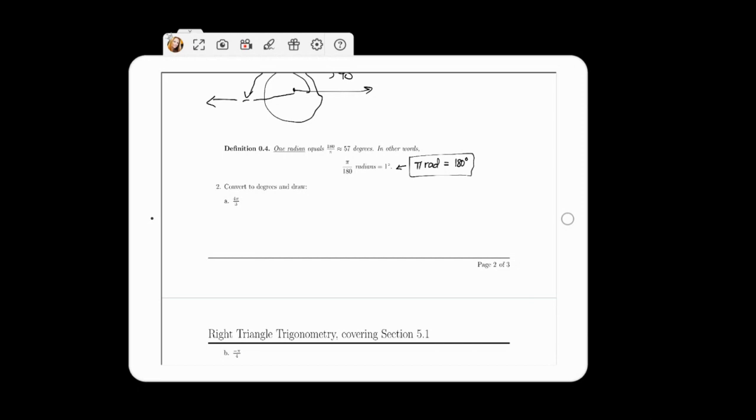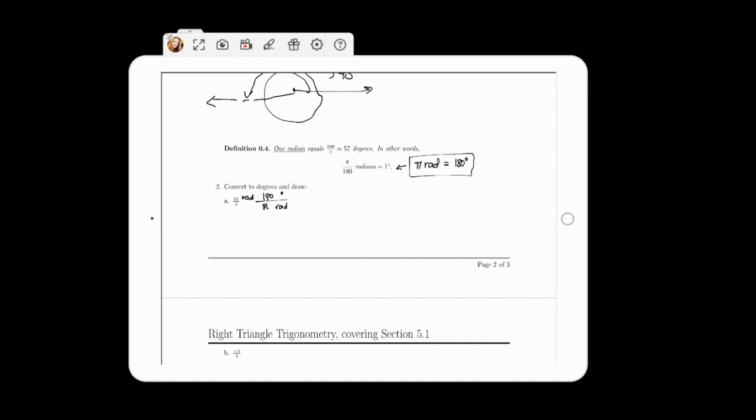For part 2, we're going to convert to degrees and we're going to draw. So we have 4 pi over 3 radians. I want to change this into degrees. So I need to divide by radians and multiply by degrees. But I can only do this safely if what I multiply totally equals 1. So that's where I use this equation that 180 degrees equals pi radians.